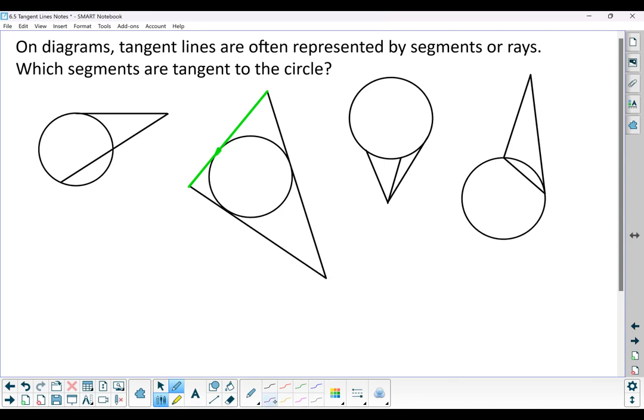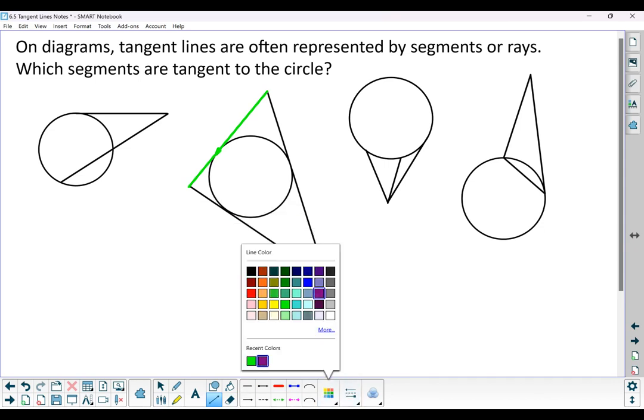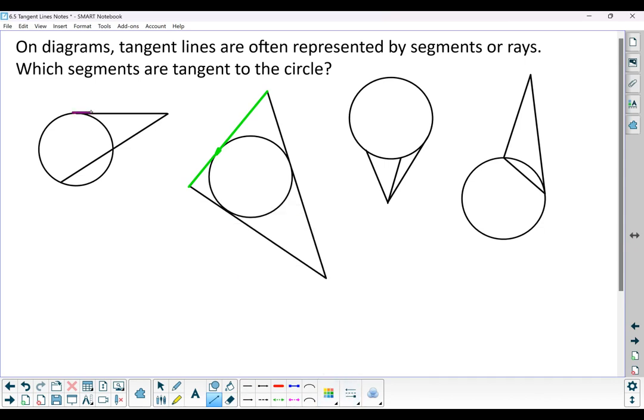It can be harder to tell if it only shows you half of it, like this one right here. That is a tangent segment. If we extended it a little farther, you could see that it's just touching at that one spot. But sometimes when that one spot is where it stops, it's a little bit harder to tell. But that is also a tangent segment.